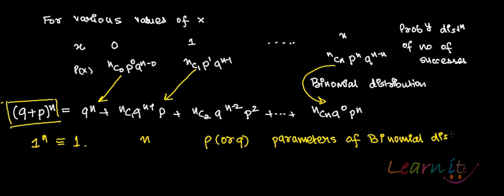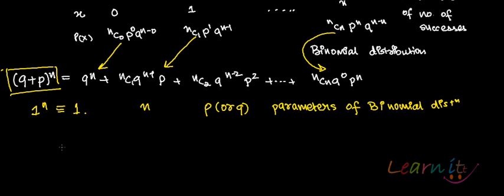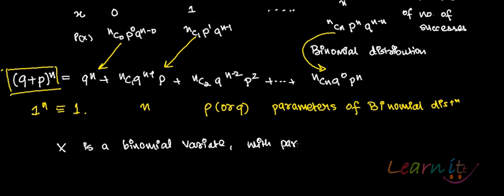And in general, you might be given in your textbooks like this: if x is a binomial variate with parameters n and p, we write x is distributed as binomial distribution with these parameters n and p.